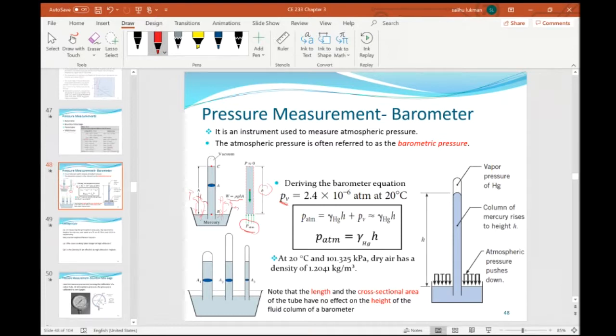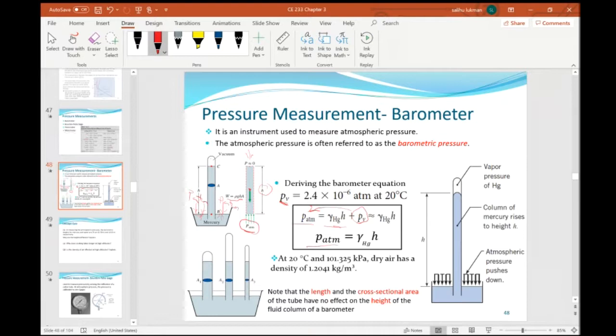Okay, so when we look at the equilibrium of the fluid element here, the atmospheric pressure is equal to the pressure due to the mercury column, which is gamma H, then plus the vapor pressure acting, okay, which is approximately 0 compared to the atmospheric pressure because it's very small, okay.